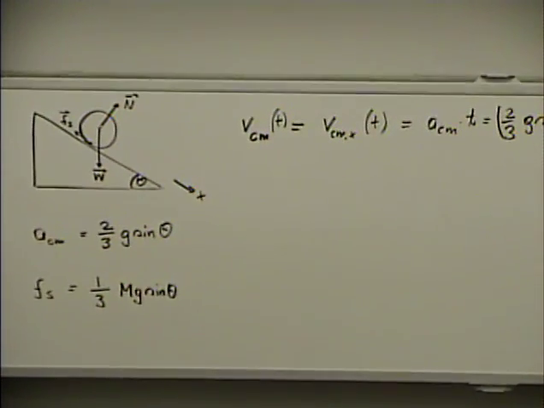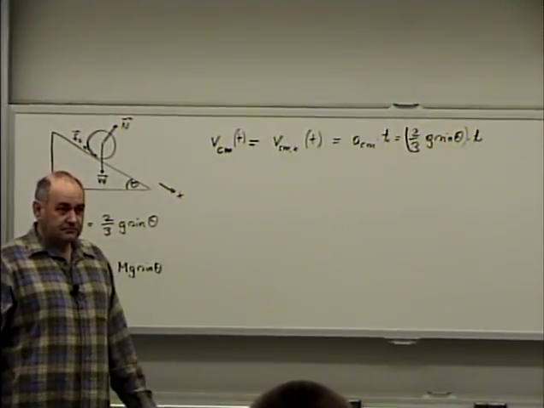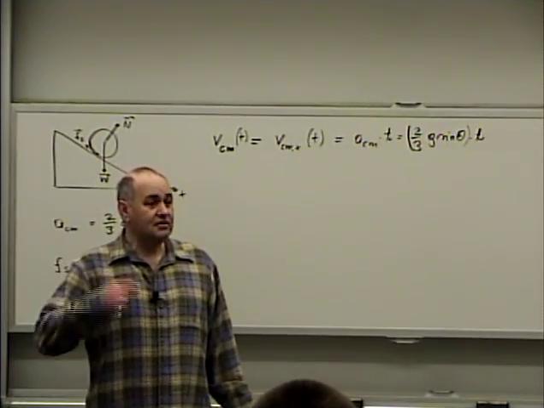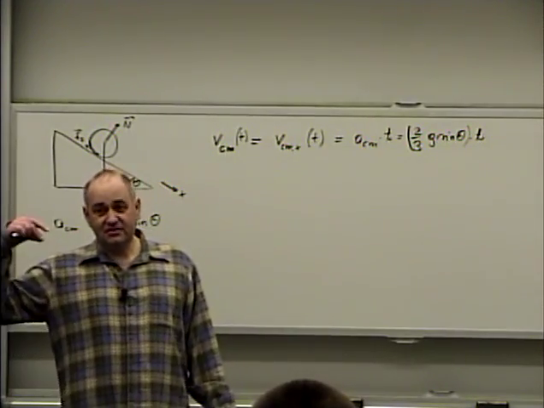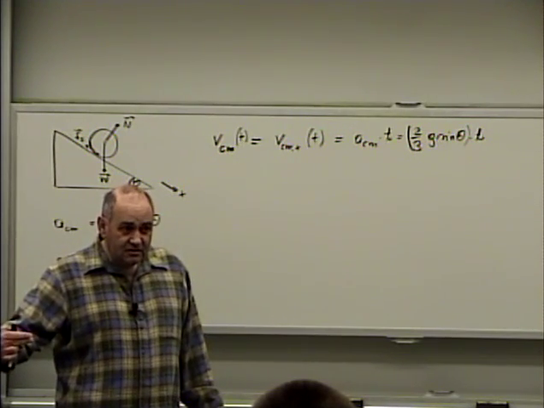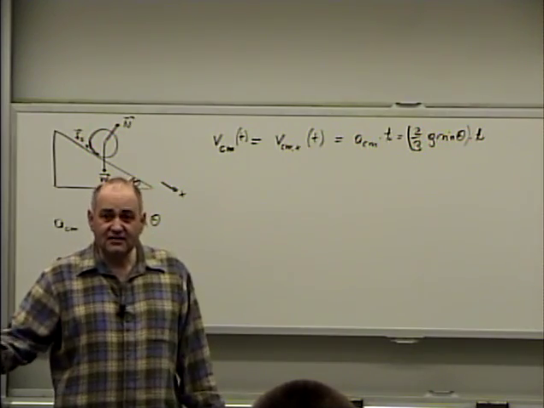Now, where is the disk going to be at instant t? Well, it's a motion with constant acceleration, so integration of velocity is also simple. It will lead to what type of function? Quadratic function. It will be a quadratic function of time.